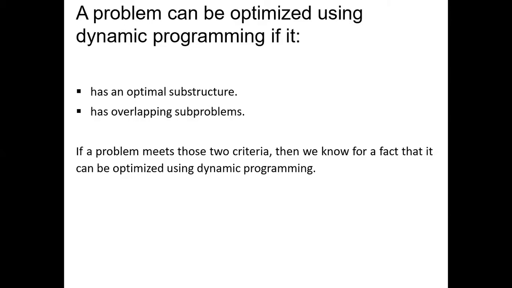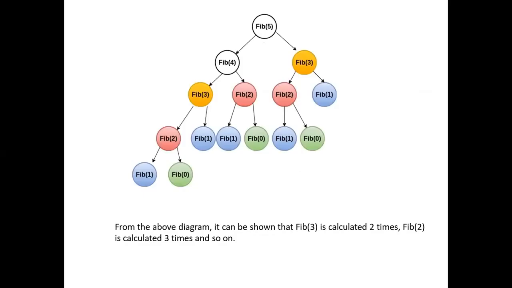I'll show you the flow chart. So you have Fibonacci 5, and you may see Fibonacci 4 is there and Fibonacci 3 is there. Then Fibonacci 4 is making the call of Fibonacci 3 and Fibonacci 2. As you can see, the same problem is repeated multiple times.